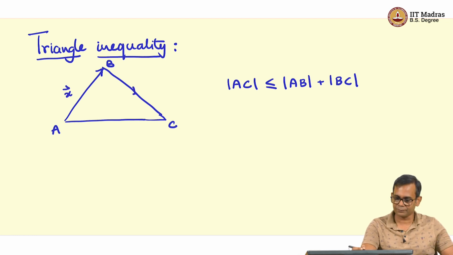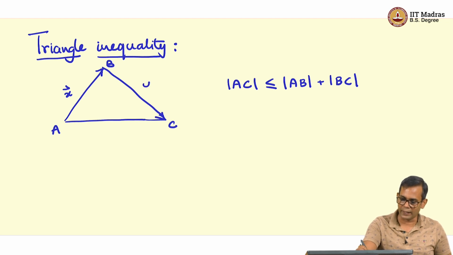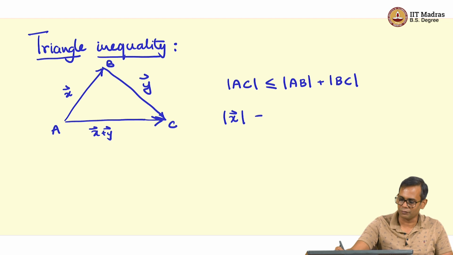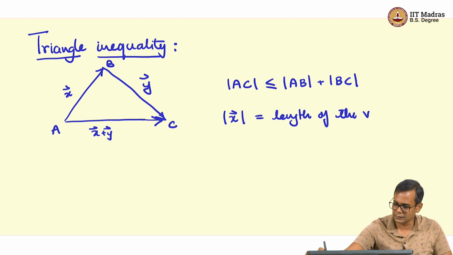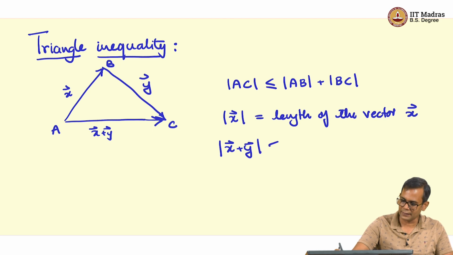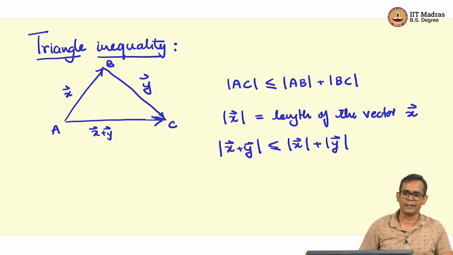Let us call the vector that goes from B to C as the vector y, and then x plus y is the vector that goes from A to C. Now, if for a vector x I write absolute value of x as the length of the vector x, this is sometimes called the norm of the vector x, then the triangle inequality is saying that the absolute value of x plus y is less than or equal to, well, the norm of x plus the norm of y.